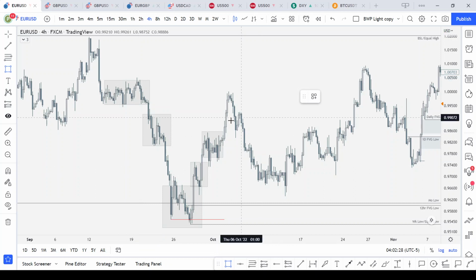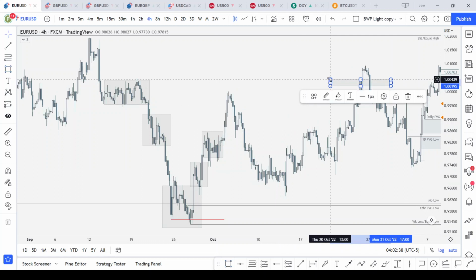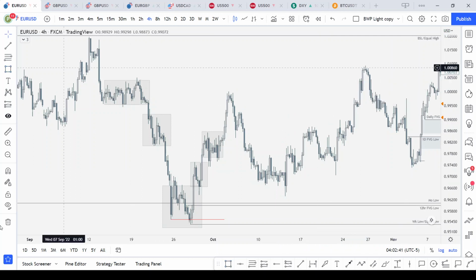Okay, so when a model does not complete, you begin to anticipate an opposite model that will come back to complete it and then reverse. Okay, I hope I've done justice to this. If you have questions, feel free to drop your question.